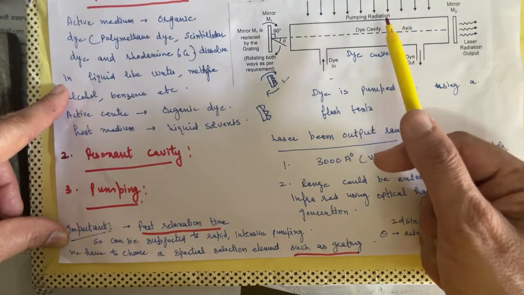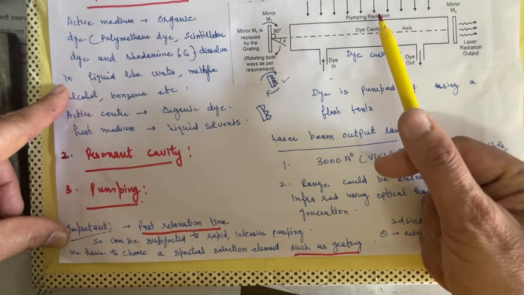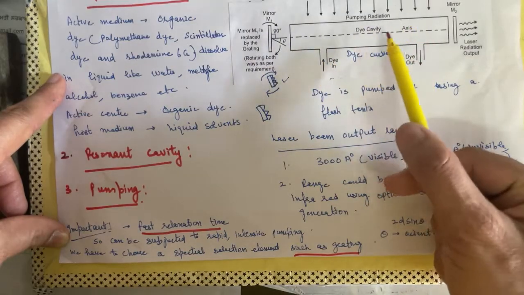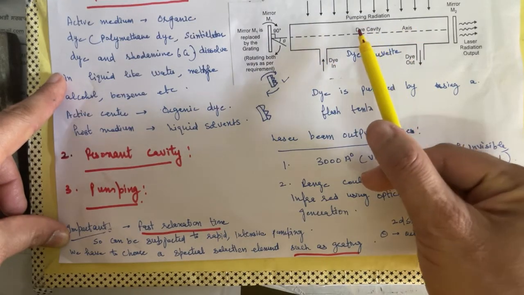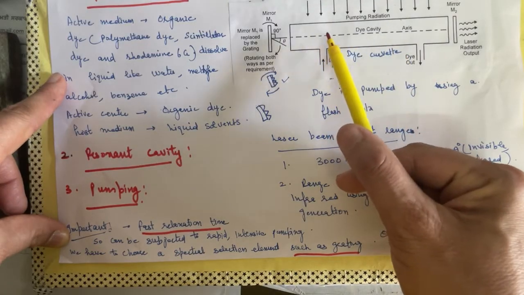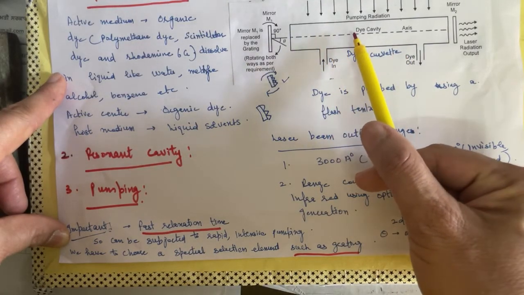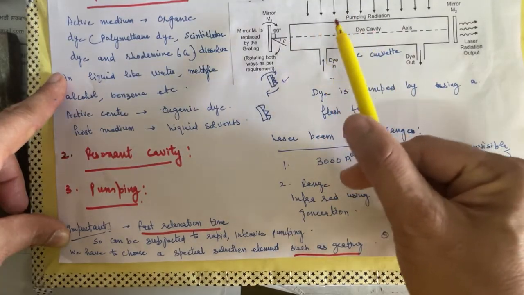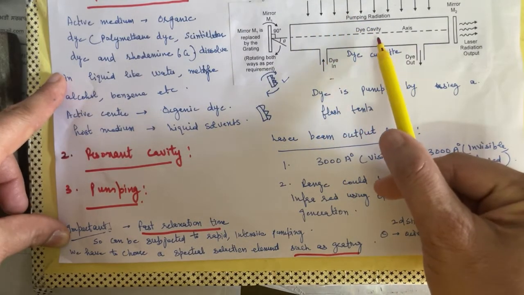What's the problem? The index of refraction changes throughout the cavity, and that results in considerable cavity losses.